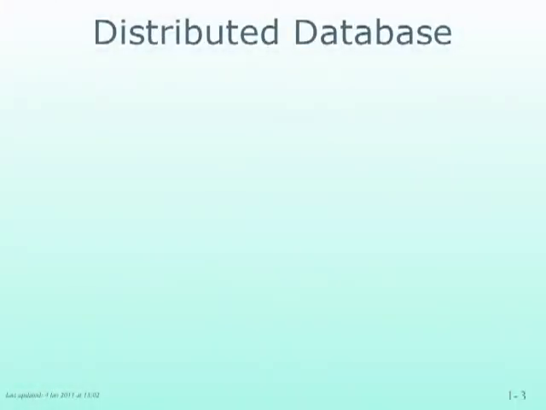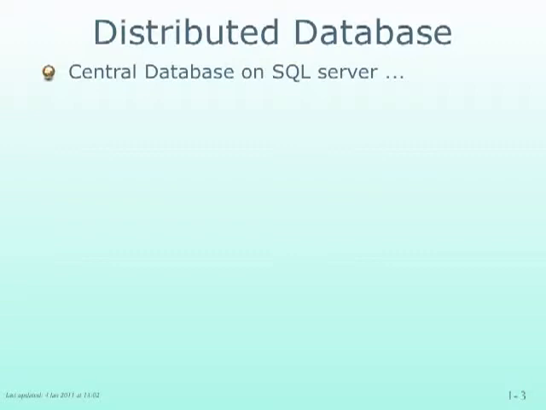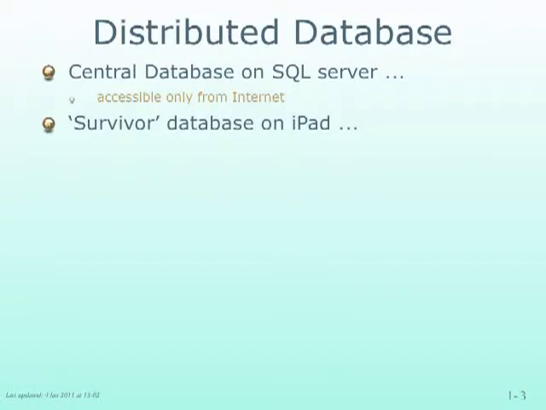Hence, the Stroke Rehab app will include a central database running on an SQL database server and accessible from any device using standard web-based technologies over the internet. It will also include survivor databases running on tablet computers such as the Apple iPad.